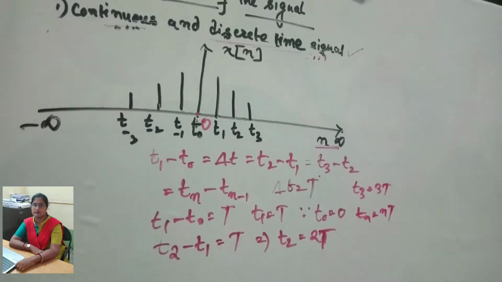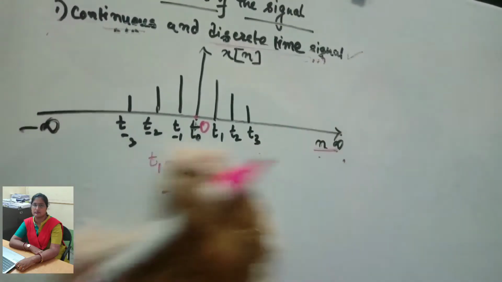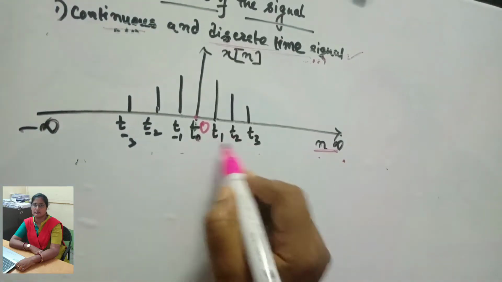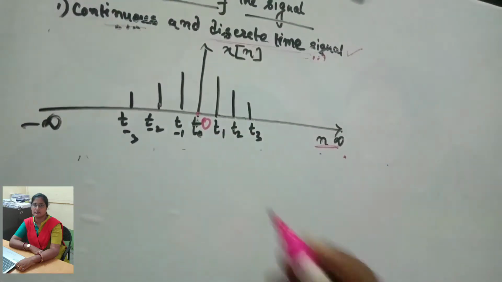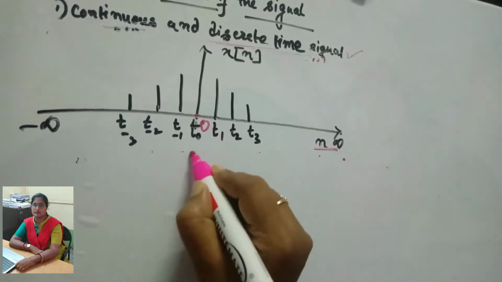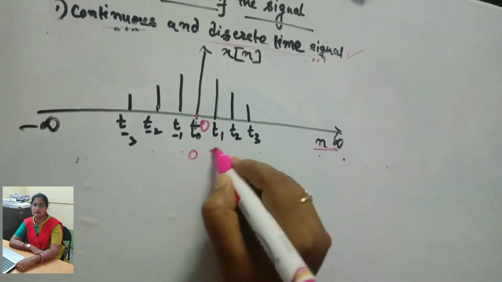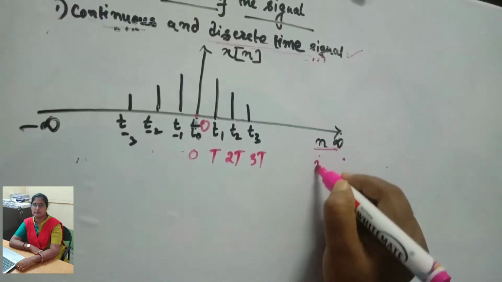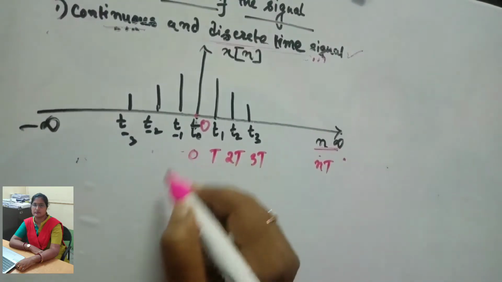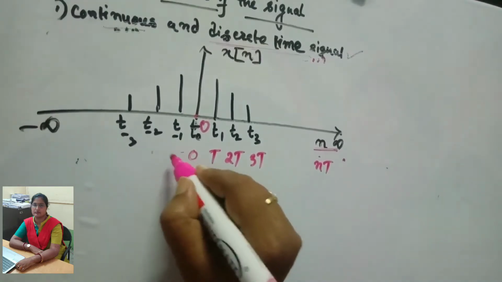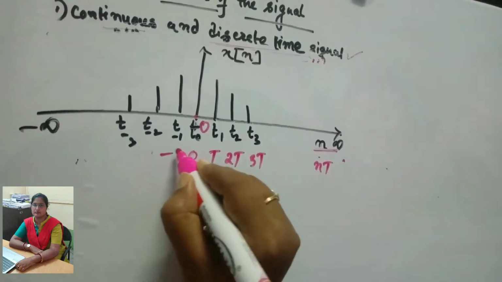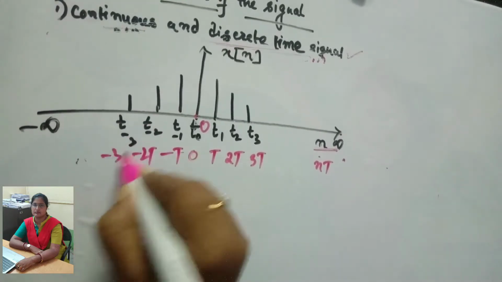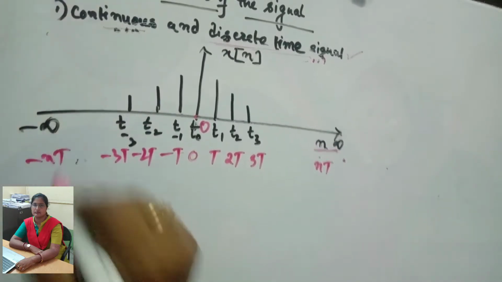So the values of t0, t1, t2, t3 we can write as 0, T, 2T, 3T, up to nT. Similarly, for this side also, minus T, minus 2T, minus 3T, up to minus nT.